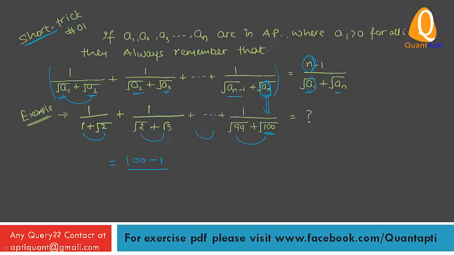What is a1 here? 1, plus an. What is an here? 100. So the root of 100 is 10. So 100 minus 1, 99 upon 1 plus 10, or 99 upon 11, or 9. This is a short trick.